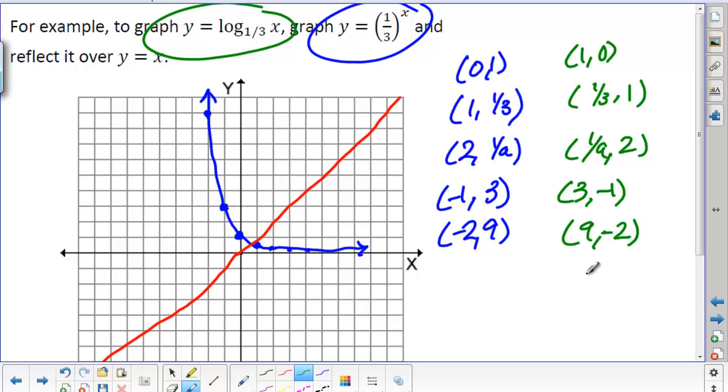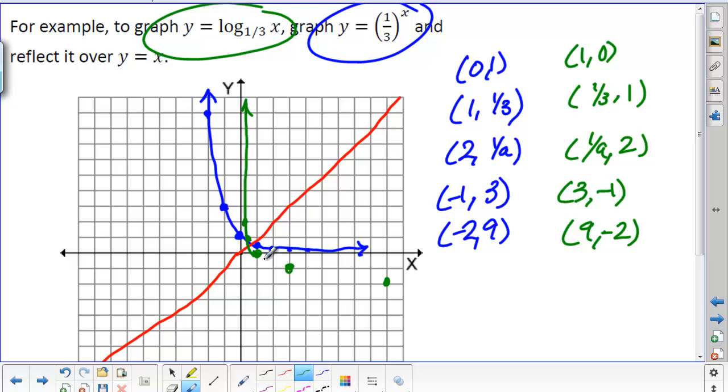Okay, so 1, 0, 1/3, 1, 1/9, 2, and then 3, -1, and 9, -2. So I get a shape like this.